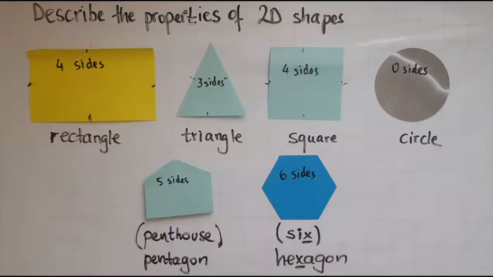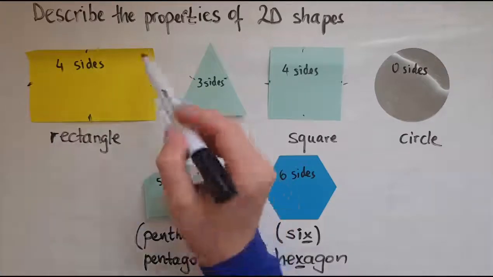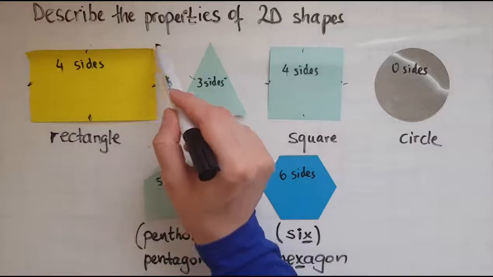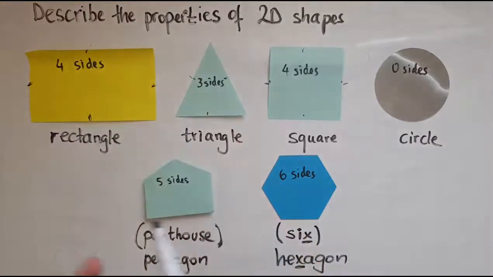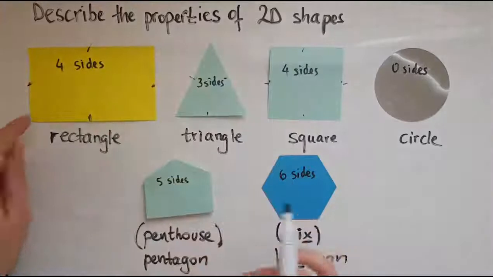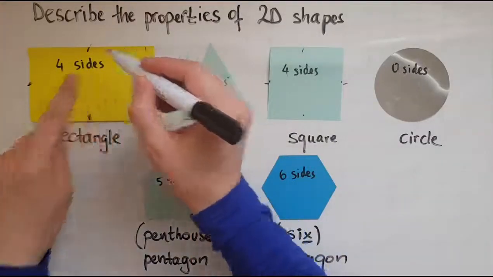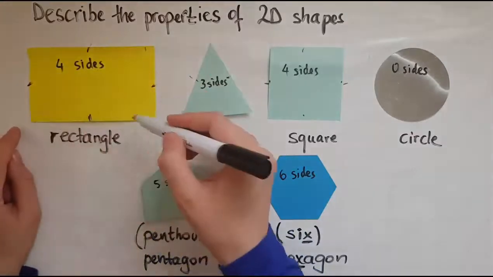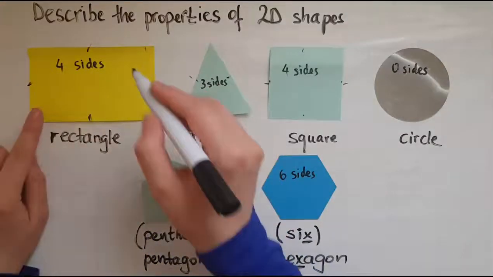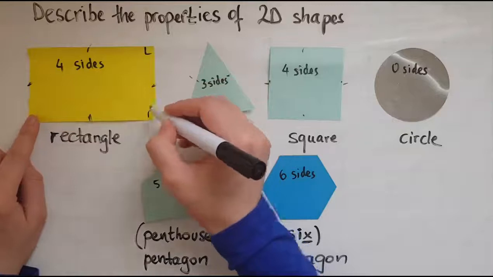Now we'll look at corners. How many corners? The corners are the ones that are created where two sides meet. A bit like the corners of a room in your house. So that is a corner. Here, this is a corner. That's a corner. That's a corner. So we have 4 corners.